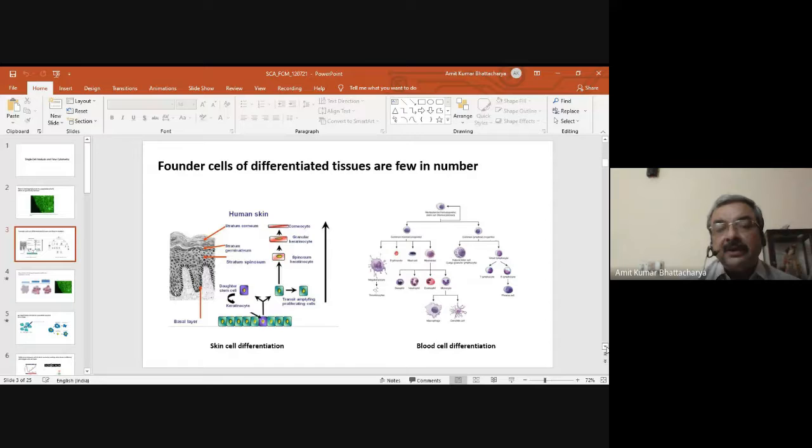When we go inside the body, we also find something similar.